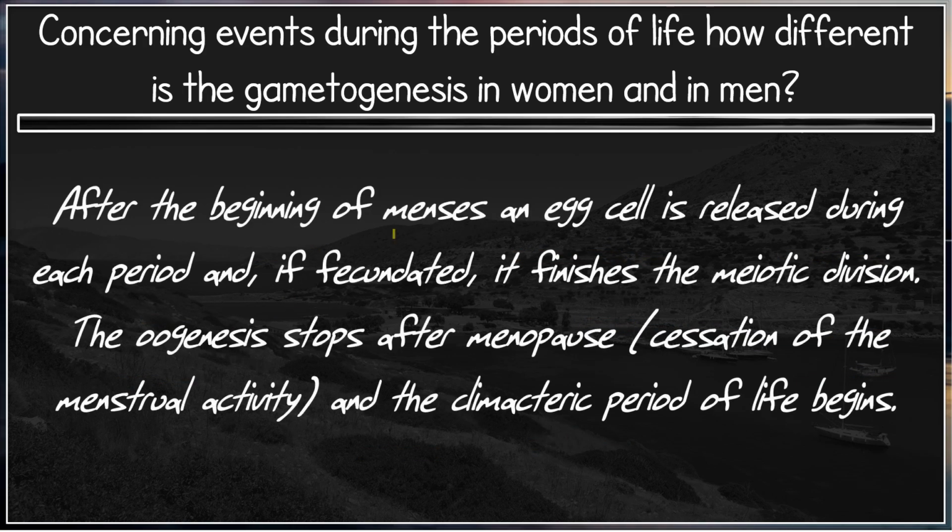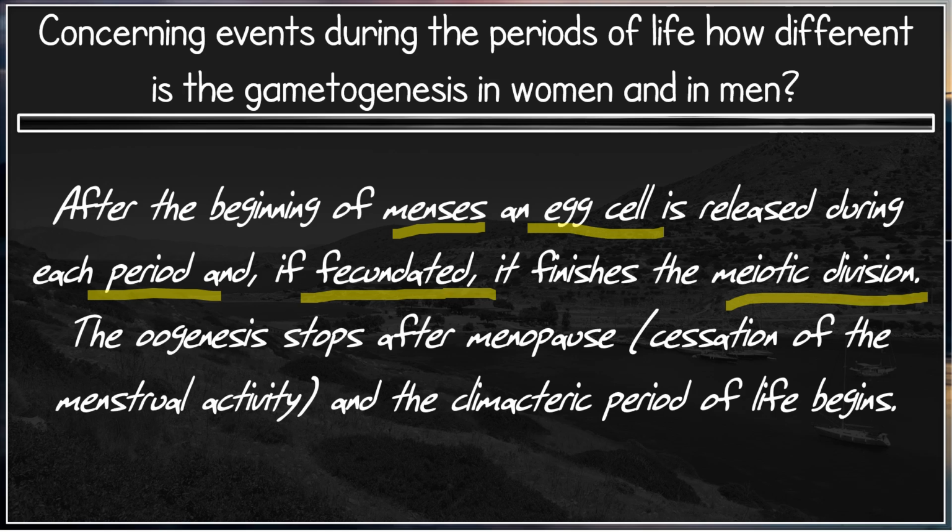After the beginning of menses, an egg cell is released during each period. If fecundated, it finishes the meiotic division. Oogenesis stops after menopause, cessation of menstrual activity, and climacteric period of life begins.